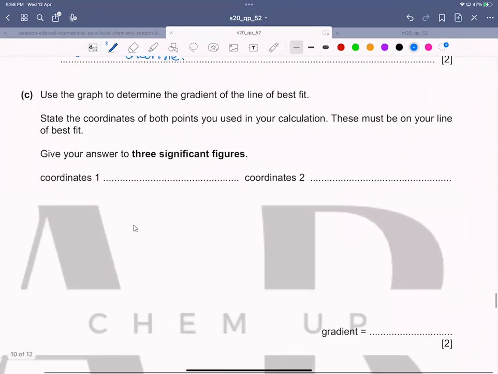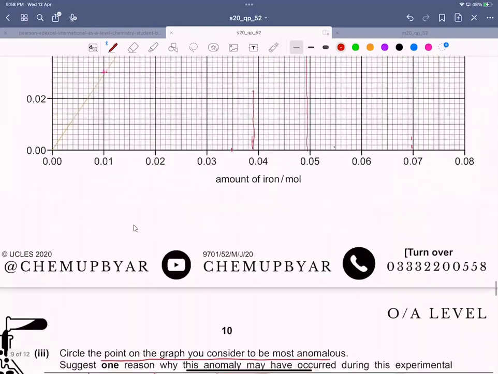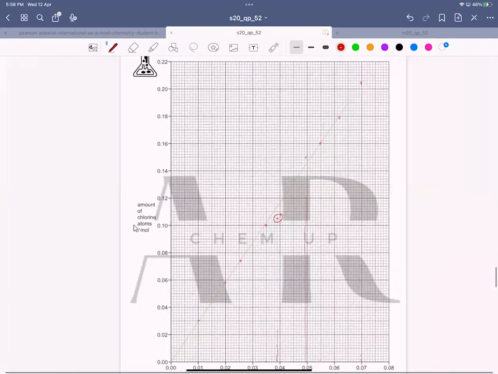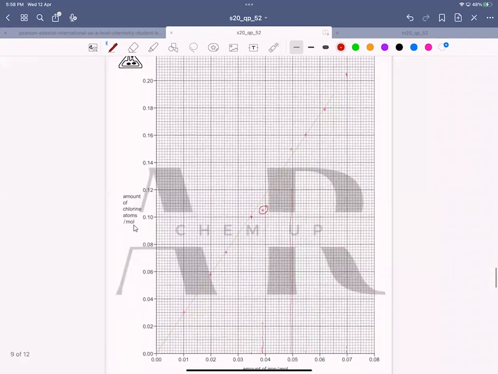Now, next part. Use the graph to determine the gradient of the line of best fit. State the coordinates of both points you used in your calculation. These should be on your line of best fit. Give your answer to three significant figures. Okay, do it on your own. And the one who drew this line perfectly can tell me its coordinates.